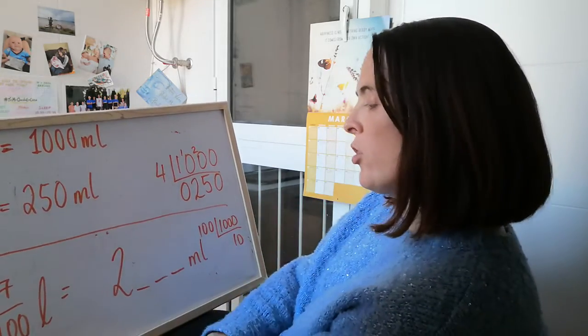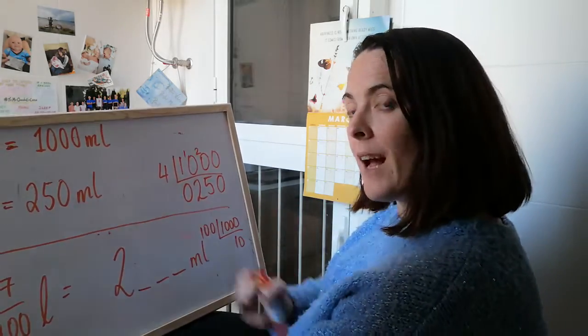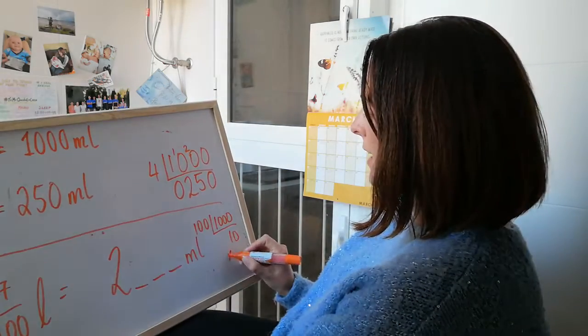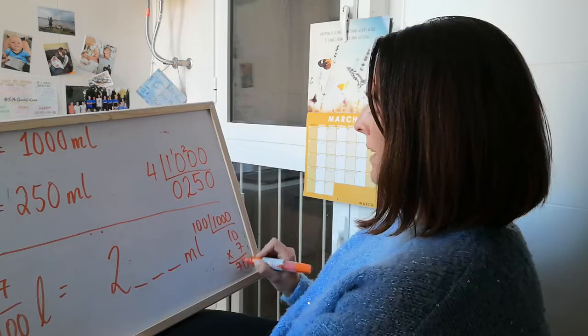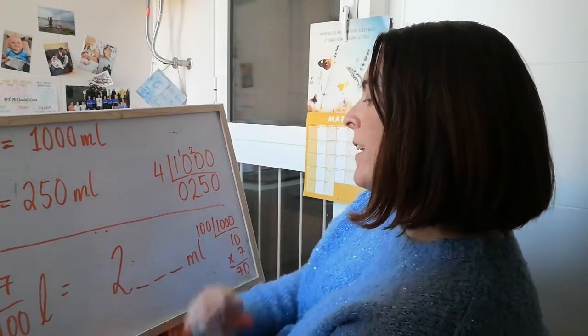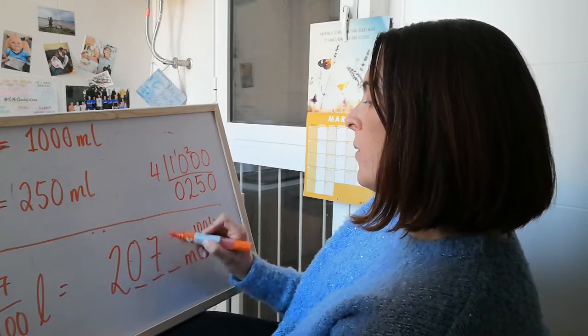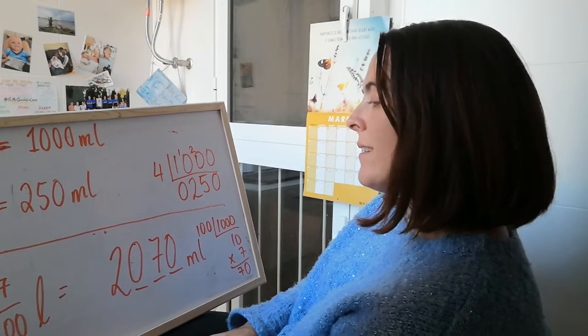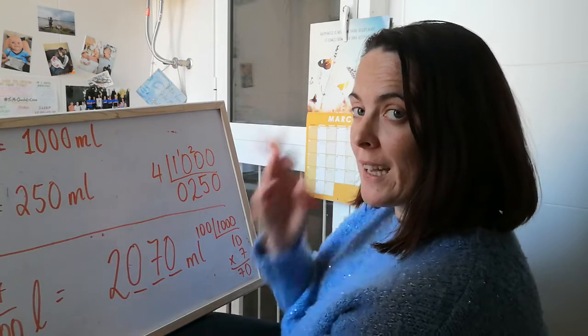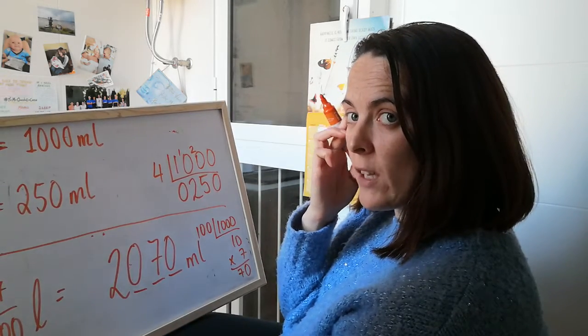So 100th would be 10 millilitres. That means 7/100 would be 7 times 10, which would be 70. Okay, so 7/100 would be 70. So it's 2070 millilitres. Try and think about it, try and get used to it, okay?